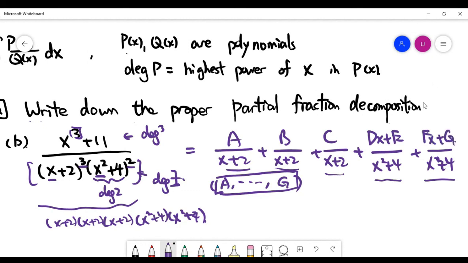But because both factors x plus 2 and x squared plus 4 are repeated factors, we have to be careful about the second fraction. For example, I have to raise the power to 2, and for the third fraction, I have to raise the power to 3. And similarly, because x squared plus 4 is repeated 2 times, starting from the second piece of fraction, I have to increase the power by 1. So that's basically the partial fractions for this case.